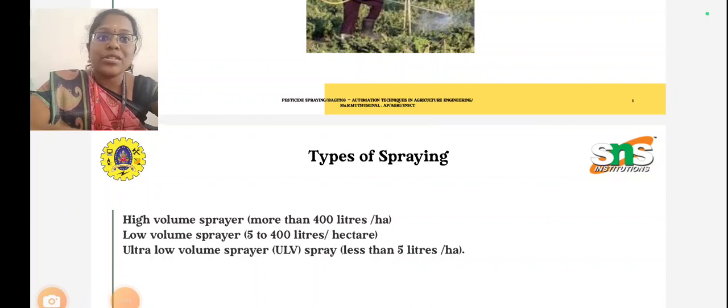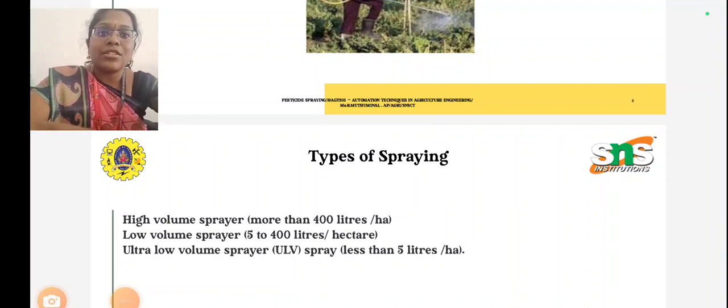This could be used in places with a smaller area, with a tank capacity of 5 liters to 400 liters, and most probably this low volume sprayer is used for roof gardening at houses.